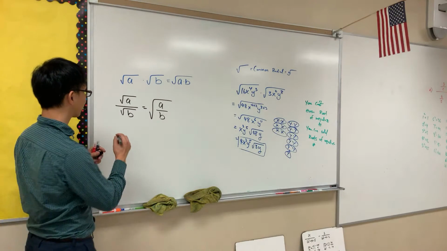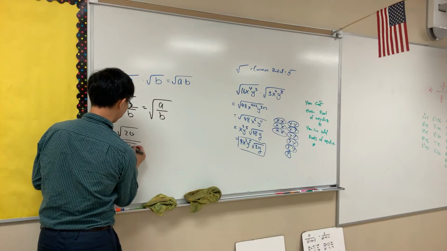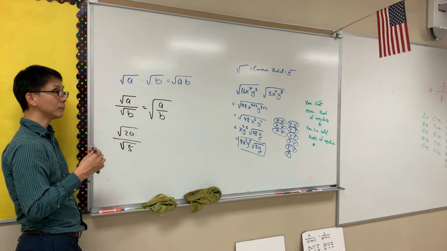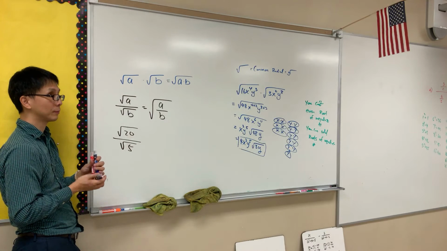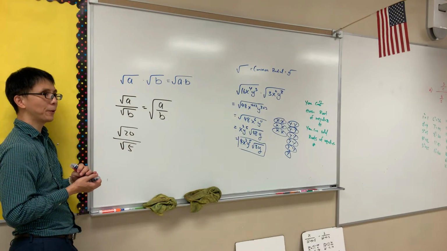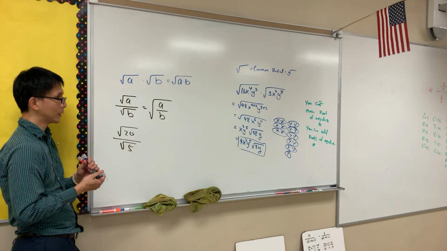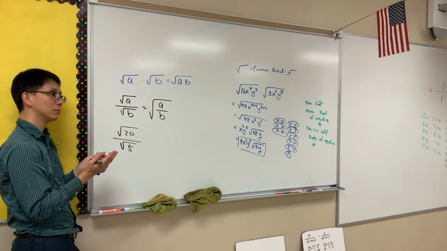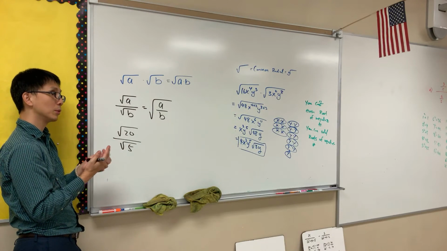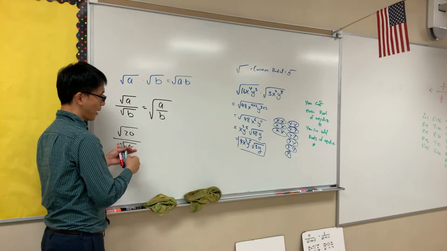For example, square root of 20 over square root of 5. Which way is preferred? It'd be easier to do the one on the left. Or can I simplify square root of 20? You could, right? But let's talk about method 1.